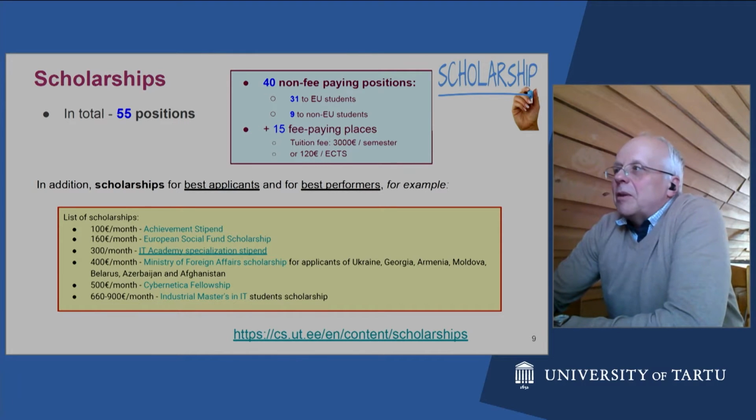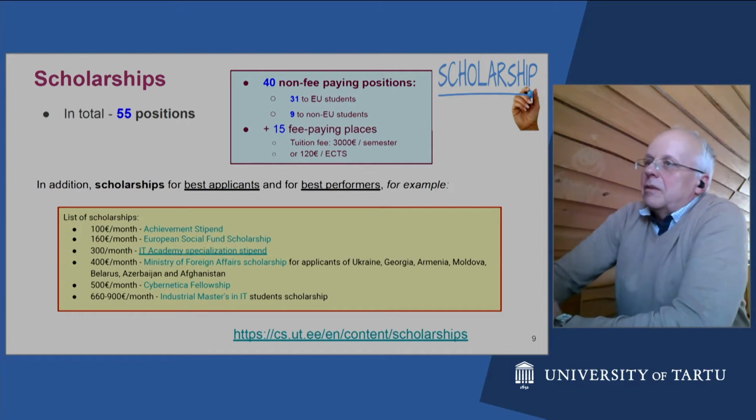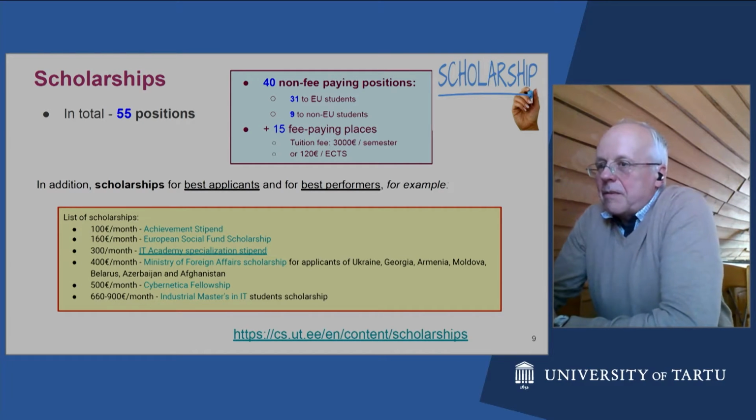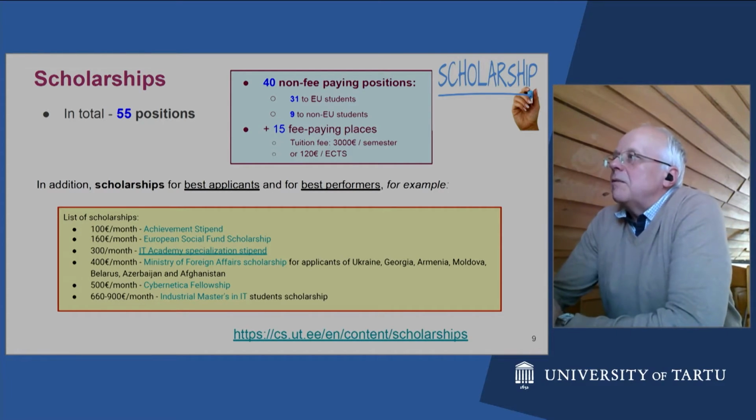Then very important for you probably is to know that we have scholarships available. Officially, this is a tuition paying curriculum, but there are 40 tuition waiver stipends, and it means you get those 40 non-fee paying positions.